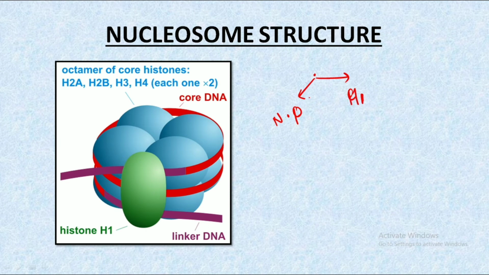As you can see in the figure, the core histones or the nucleosomal histones form the octamer, and this octamer is formed by H2A, H2B, H3 and H4, and each of these core histones is 2 in number, which makes up this octamer-like structure, in which we have 4 types of core histones stacked over one another.